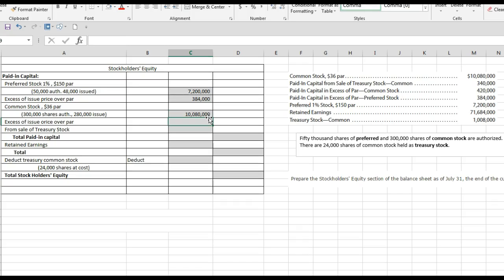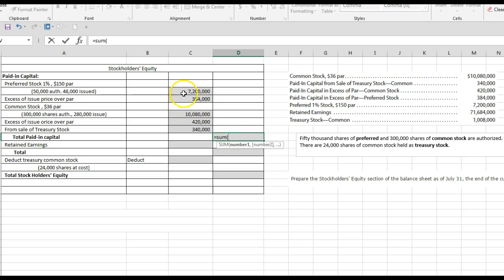I think I need another one. And how much excess is there from that? That's 420. And then we have paid-in capital from the sale of treasury stock right here, 340,000. It has to be added in. So now we can get the total of paid-in capital and all of the stock.